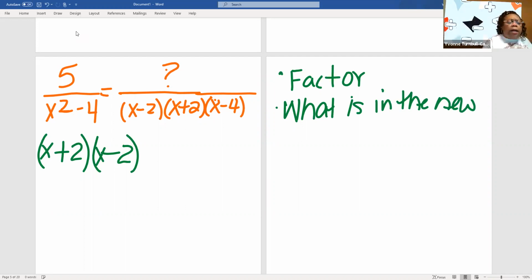Here again, I am speaking in layman's terms because it's easier for you to see what I'm trying to get you to see without making it complicated in my verbiage. What is in the new denominator, meaning the equivalent fraction that we're looking at, that's not in the old one?